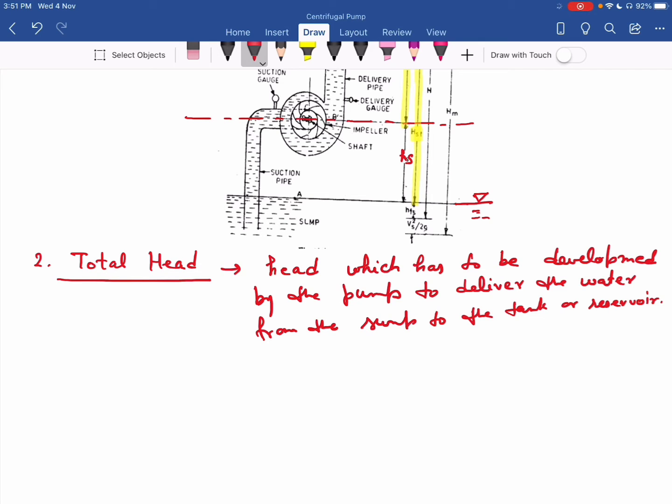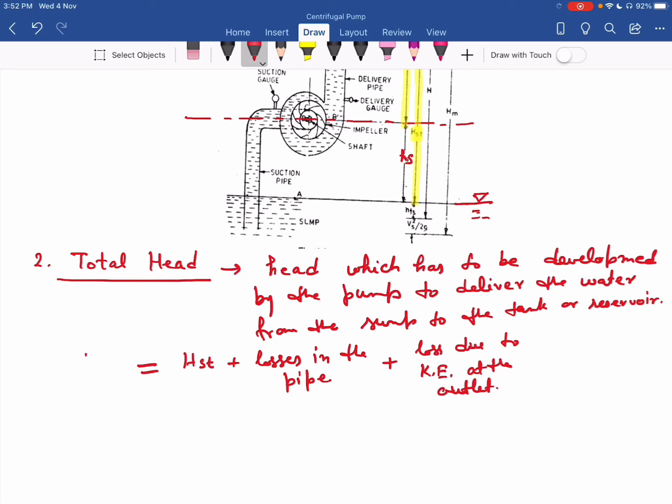So this includes the static head. Apart from producing the static head, a pump has also to overcome the losses in the pipe, plus the loss due to kinetic energy at the outlet.